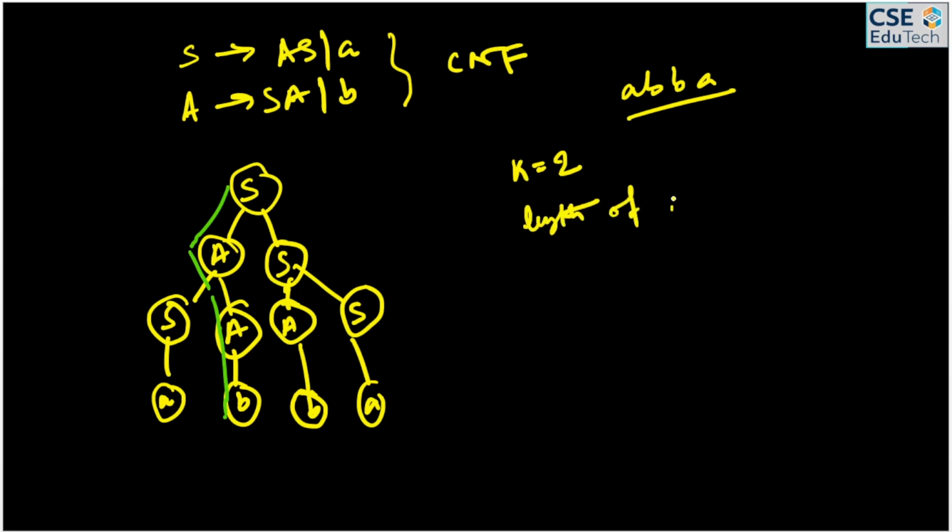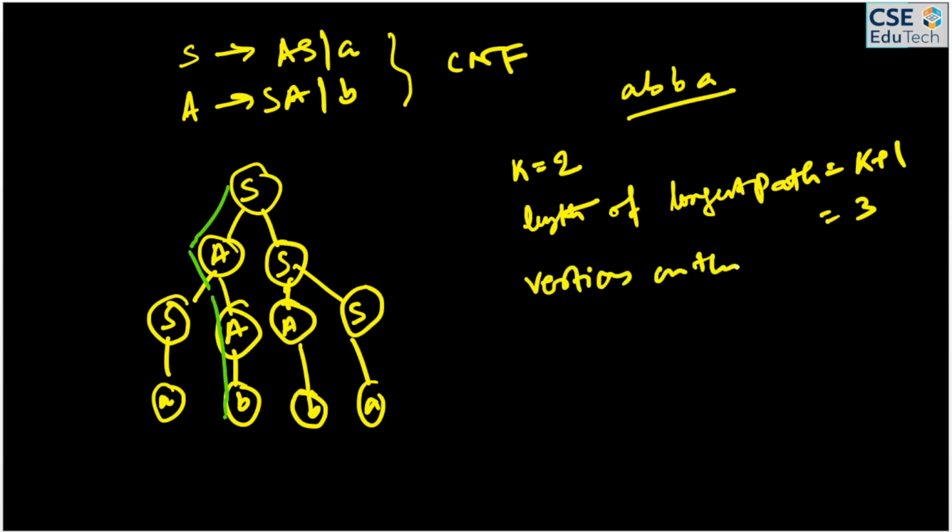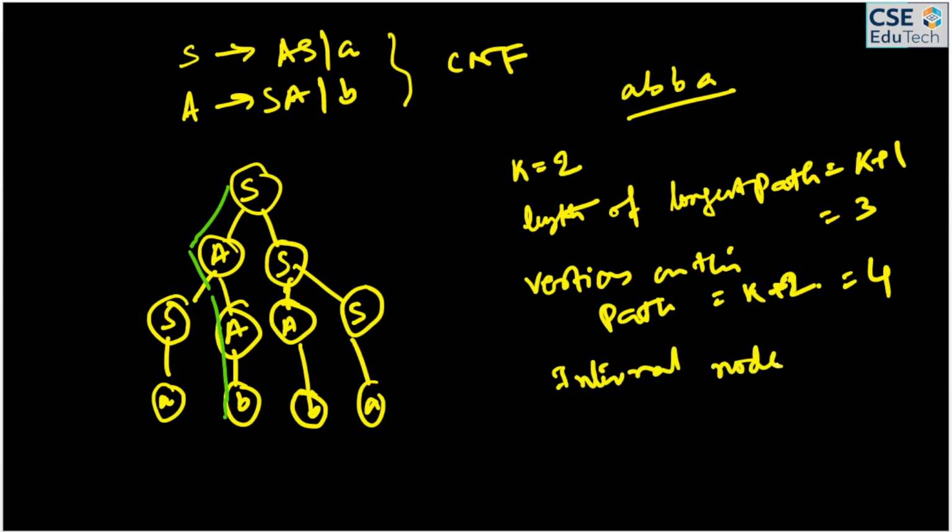So the length of the longest path is equal to k plus 1, which is basically 3, and the vertices on this path are k plus 2, which is basically 4: S, A and B, and the internal nodes will be k plus 1, that is 3.